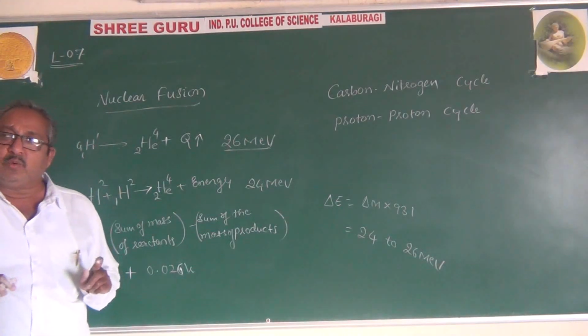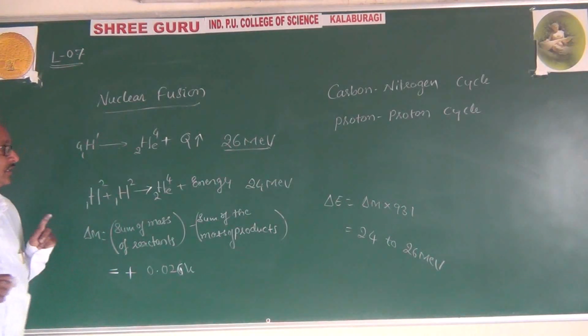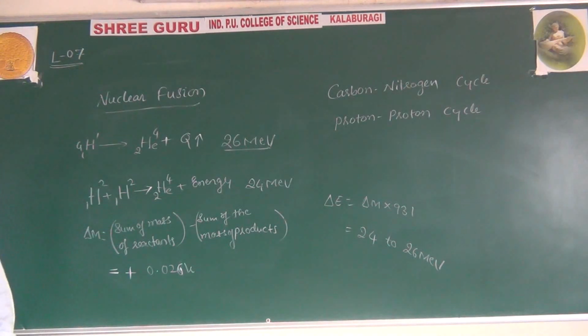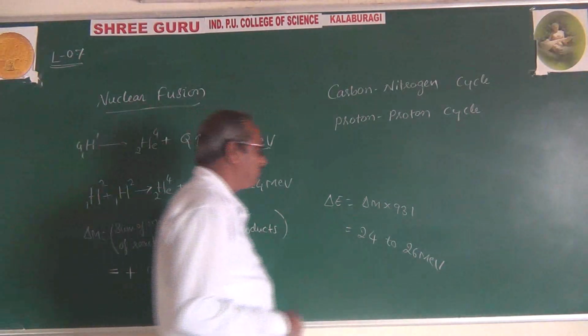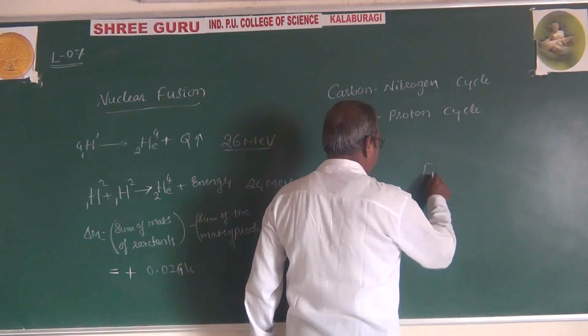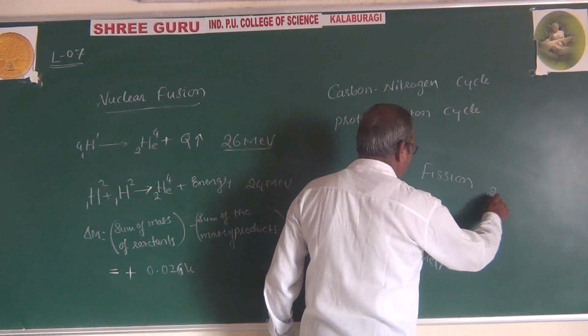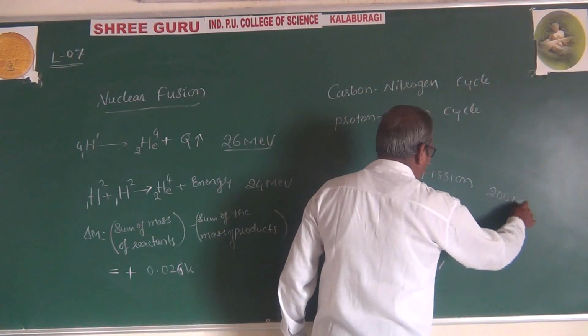So the energy released in nuclear fusion is in the order of 24 to 26 mega electron volt, whereas in case of fission, the energy released per fission is about 200 mega electron volt.